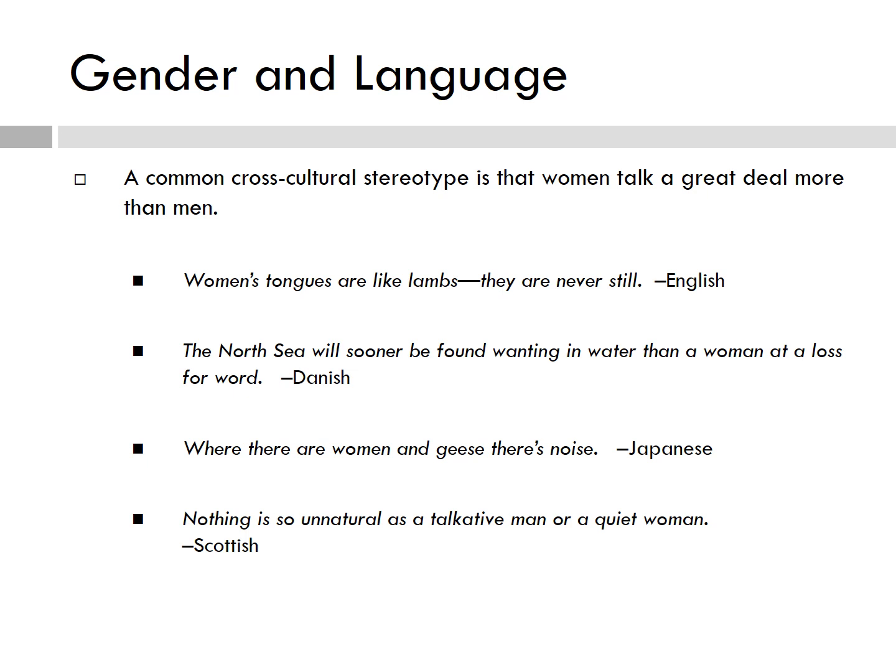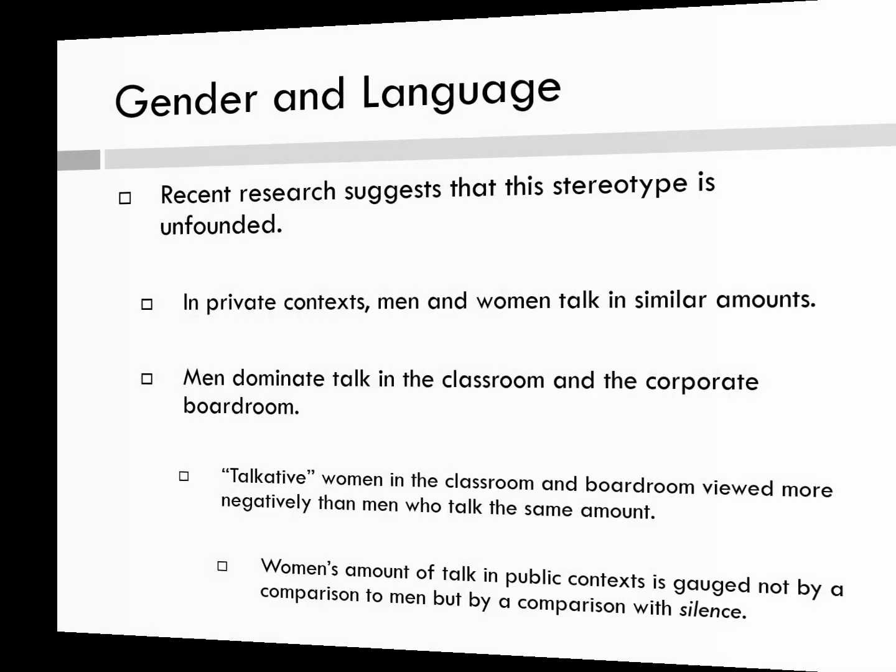There's an English phrase that women's tongues are like lambs' tails, they are never still. A Danish saying that the North Sea will sooner be found wanting in water than a woman at a loss for a word. There's the Japanese saying, where there are women and geese, there's noise. And then there's the Scottish saying that nothing is so unnatural as a talkative man or a quiet woman.